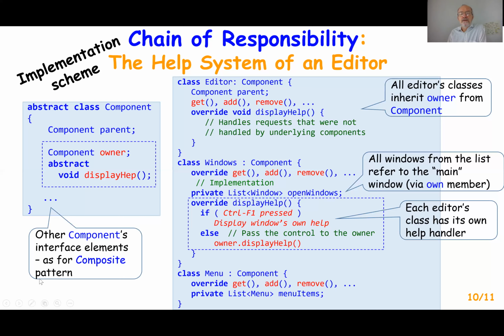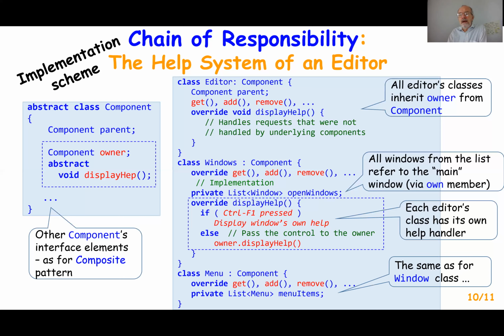So this element, I don't know whether my cursor is visible on your side. So anyway, owner.display help call is just the implementation of transferring the responsibility to the other component. Well, the same idea should be implemented throughout all windows or all components in the software system, including menu.